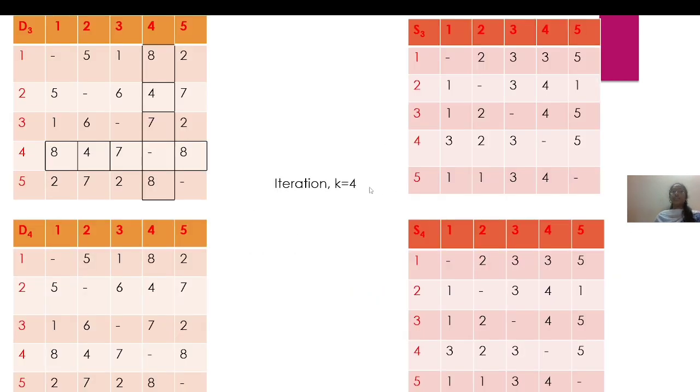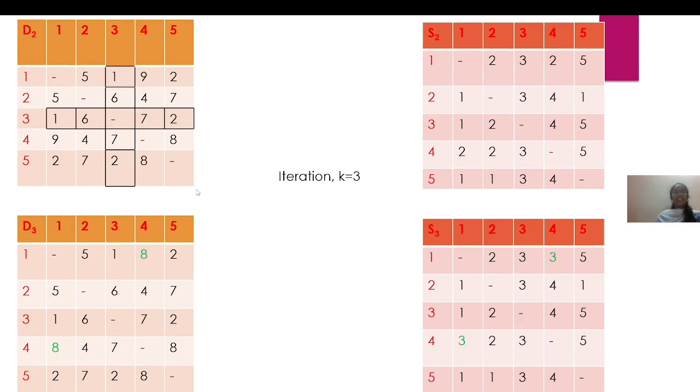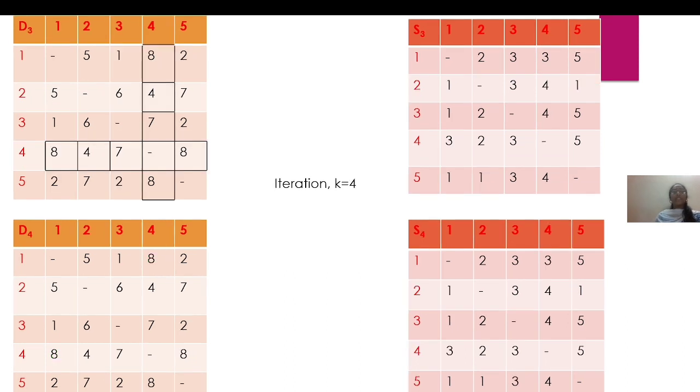In iteration 4, we have considered the fourth column and the fourth row to be the pivot row and the pivot column in the D4 matrix. So these entries will be same, and we are checking whether we get any least value. All the infinities have been replaced by numbers. So that will be the end of the algorithm, but we will also check if we have got any lesser number than those.